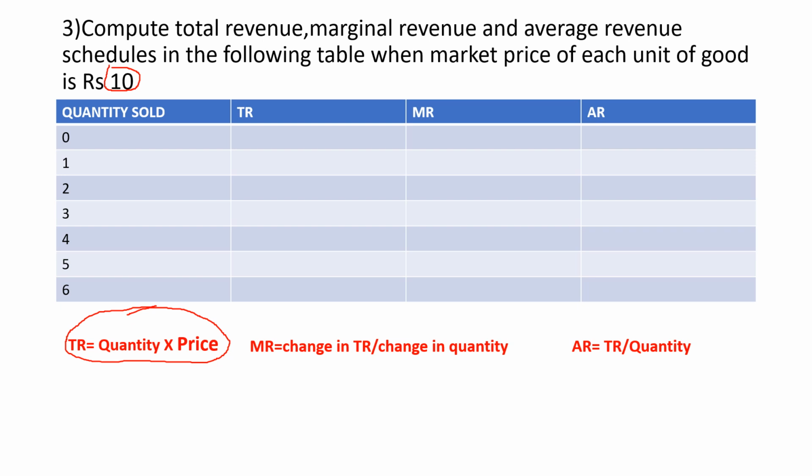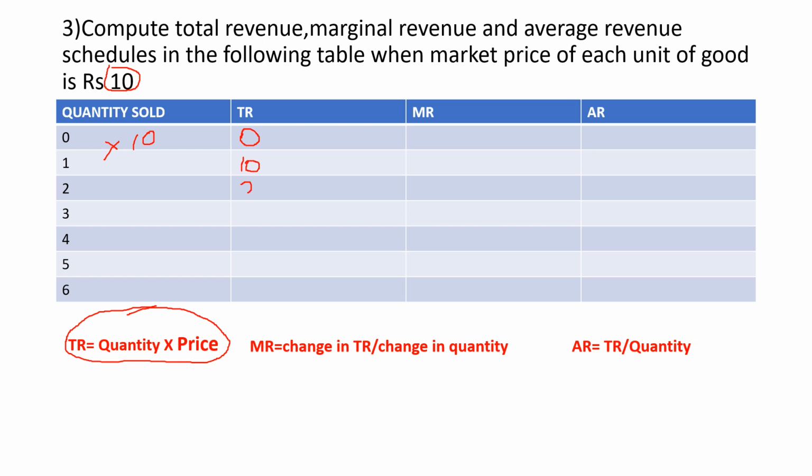So whatever quantity sold is given, you keep multiplying it by the price. First one: 0 is the quantity sold, into price 10. Any number multiplied by 0 is what? It is going to remain 0. Next one, 1 into 10 is 10.